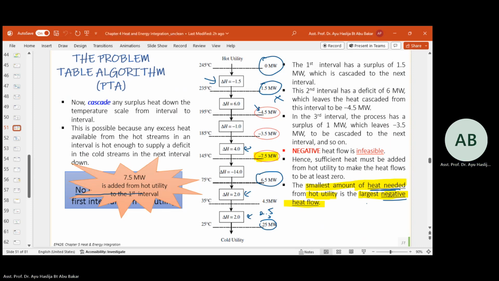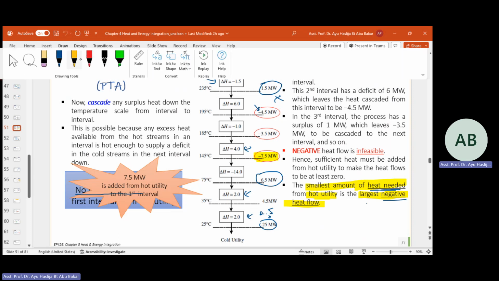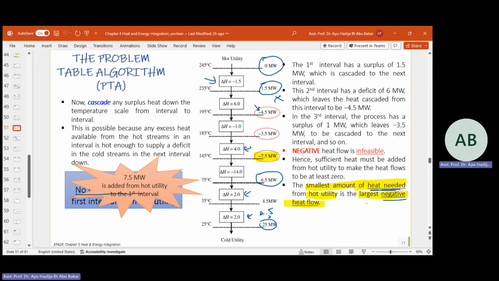Now for the heat cascade, the PTA, first cascade we assume 0 megawatt. So moving down on the delta H, surplus and deficit, we find out what is the highest negative value. So the highest negative value is your minimum hot utility.